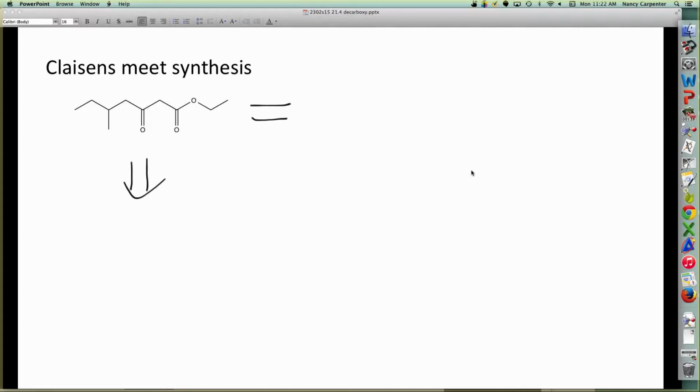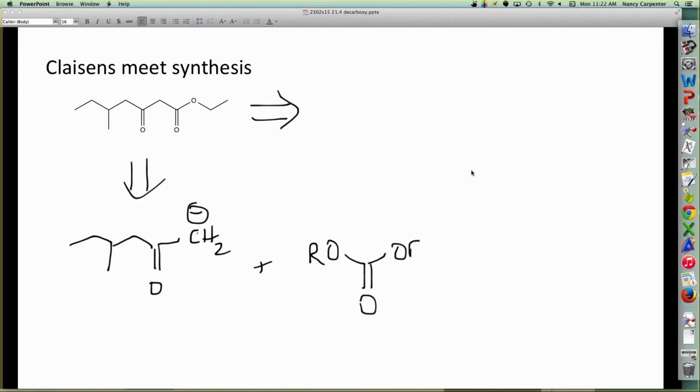And as I showed you at the last mini lecture, we could in fact think of this Claisen as this enolate plus this diester. This is called a carbonate, or it could be the enolate from this guy plus this ester.